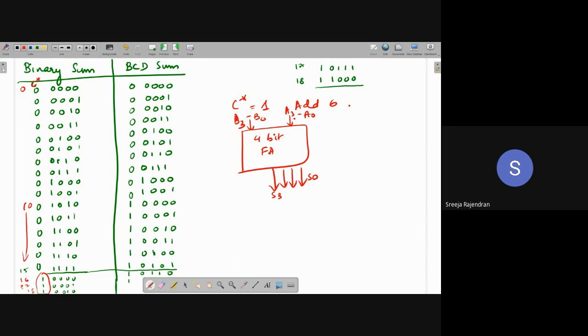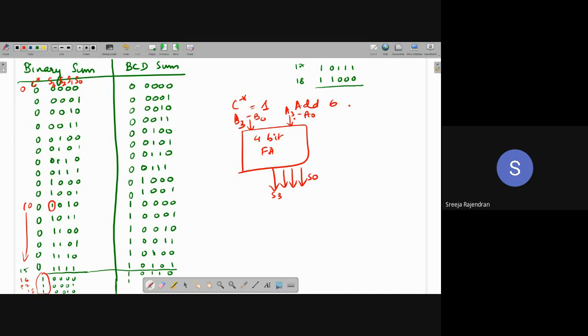Now, one more case. What about the other cases? I'm looking at cases from 10, because from 10 only I have to make the correction. So, what is common in that? I can see in all these cases, S3 is 1. This is the sum, so it is S3, S2, S1, S0. I have generated the sum. It is not A3, A2 and all because the addition has already been done. I'm just showing how to convert binary sum to BCD sum.